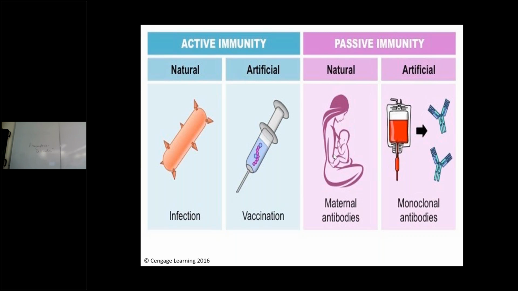How about artificial passive? Well, if you've ever been exposed to a rabid bat or a rabid creature, like a raccoon, possibly been bitten, or how about bitten by a snake that's venomous? What can happen is that you can receive plasma that has a specific immune response already going on, and it can fight very quickly instead of taking a week to get strong.